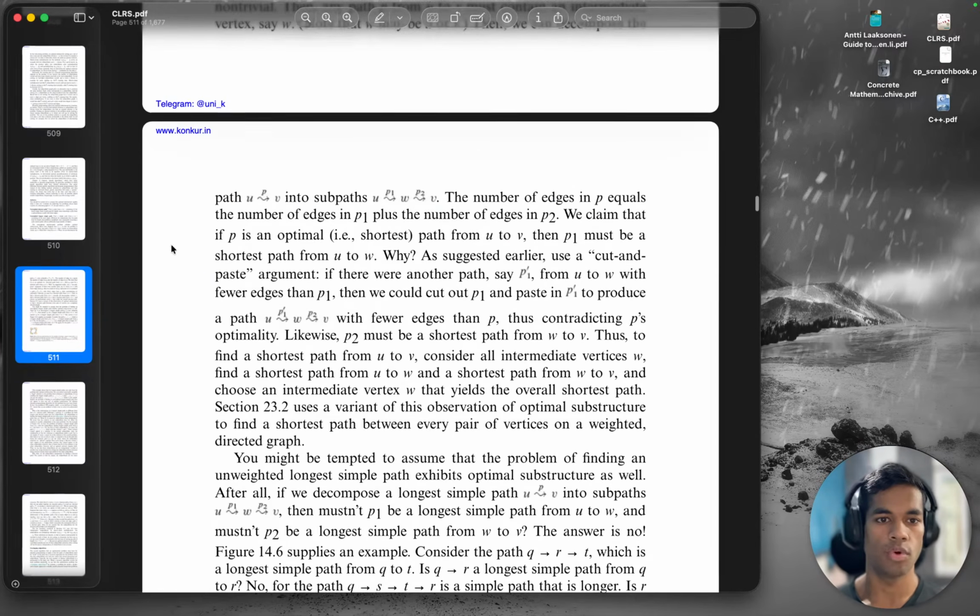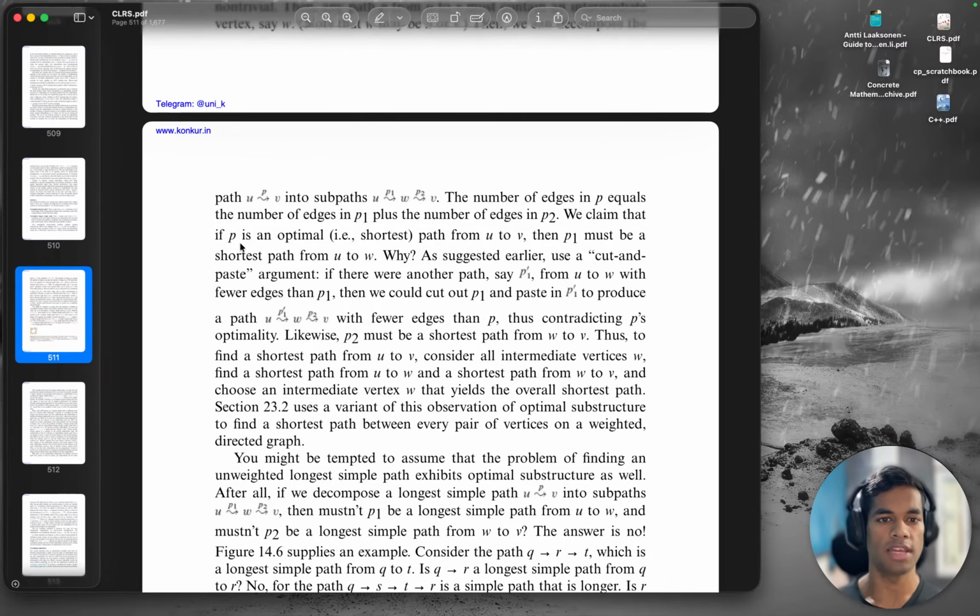Then we decompose the path from u to v into subpaths. From u, we'd like to get to w first, and that would be our first path p1, and the second path p2 would be from w to v. The number of edges in p equals the number of edges in p1 plus the number of edges in p2.